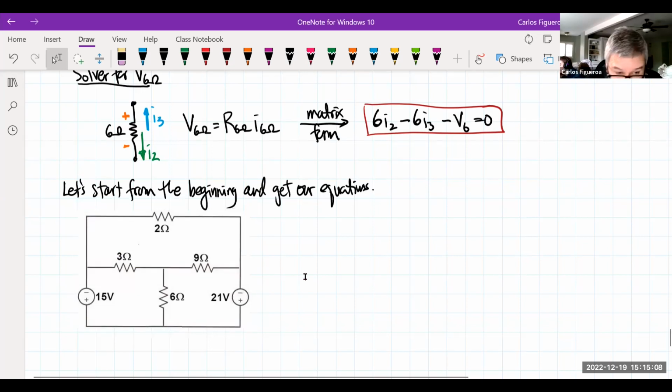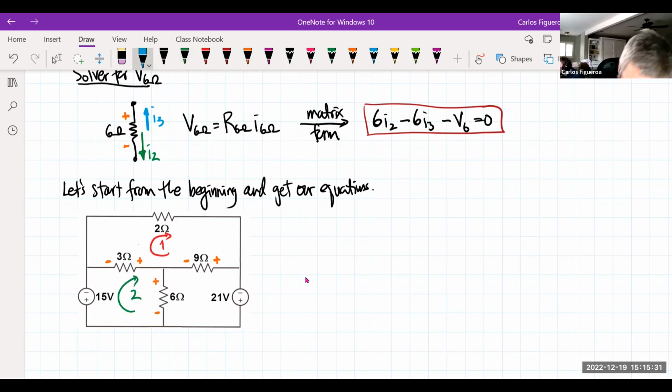First thing I'm going to do is define my polarities. If I pick I1 like this, I'm going to assume that my polarities are going like this, and like this. And then I have two other currents, I2 and I3.